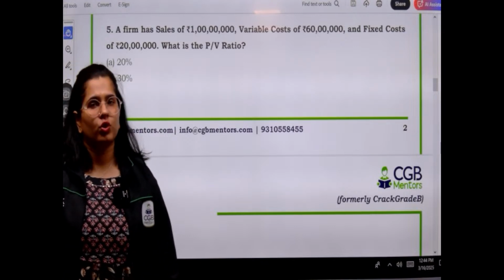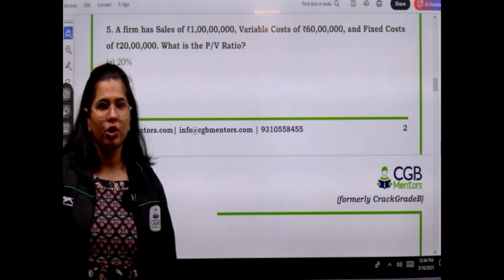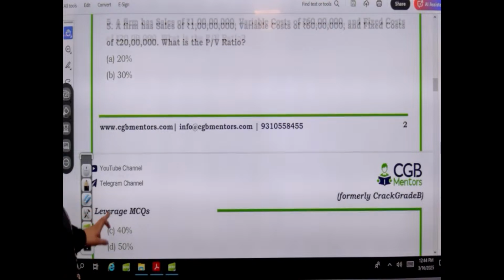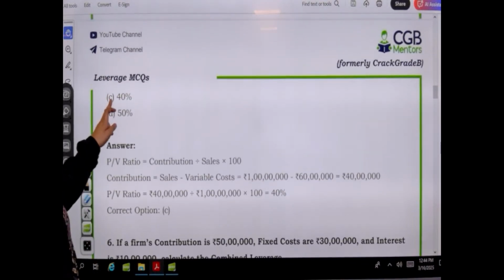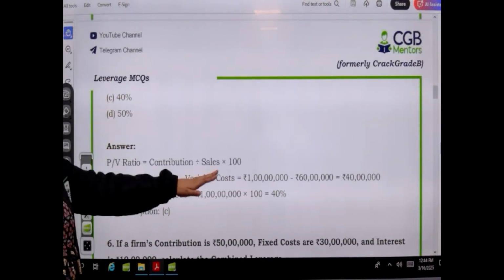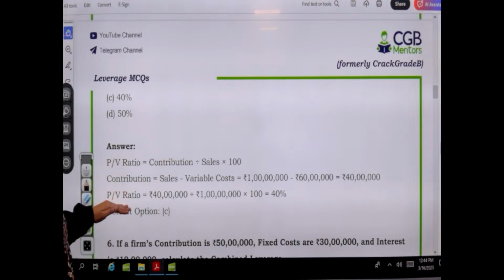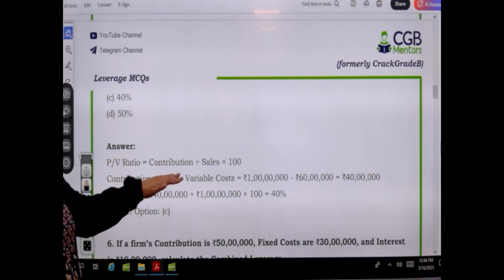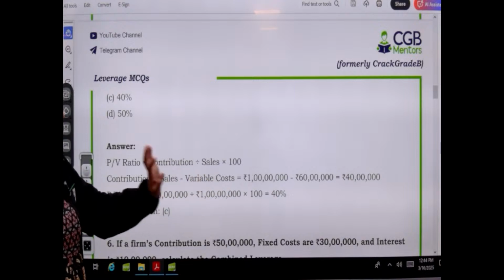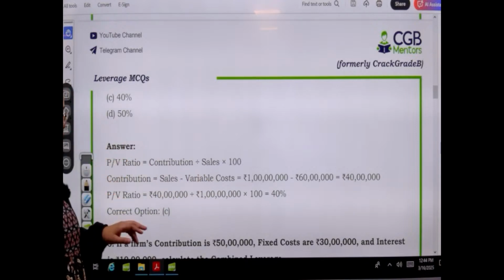These are all the names you should remember for PV ratio. That's the answer. Sales less variable cost gives you contribution. What is the formula of PV ratio? 40 lakhs divided by 1 crore, you have got 40%.